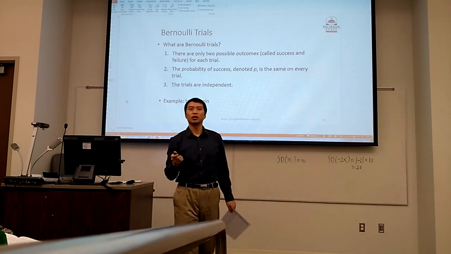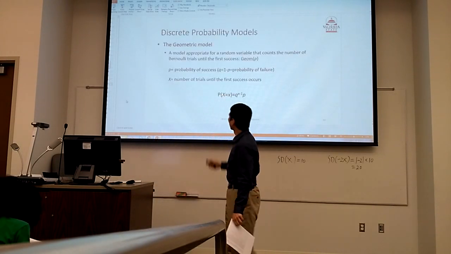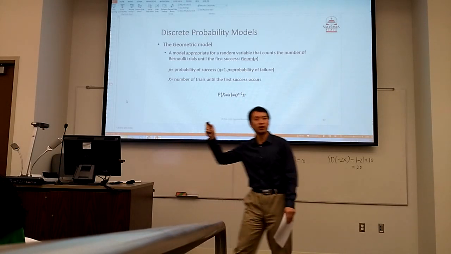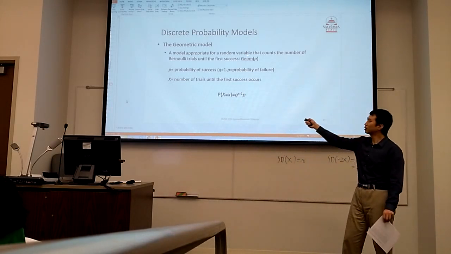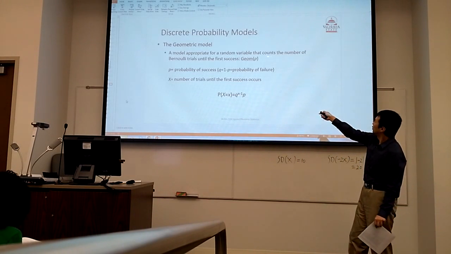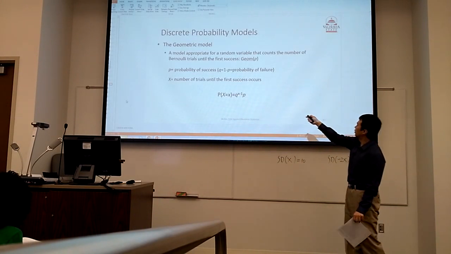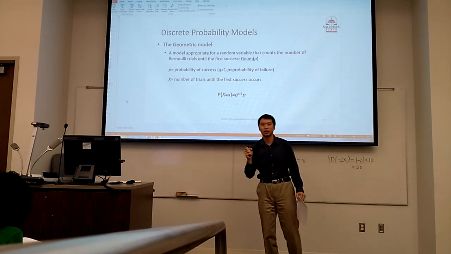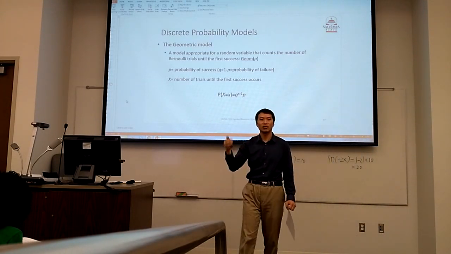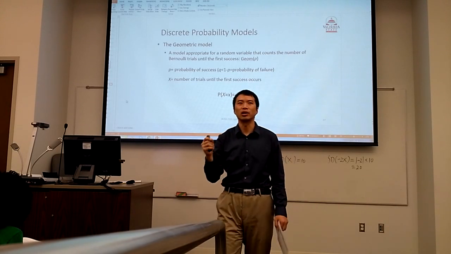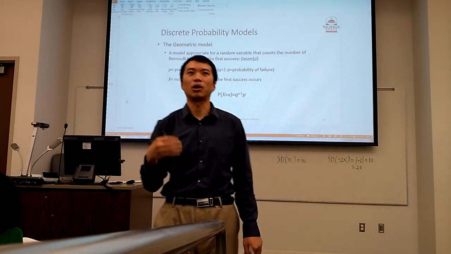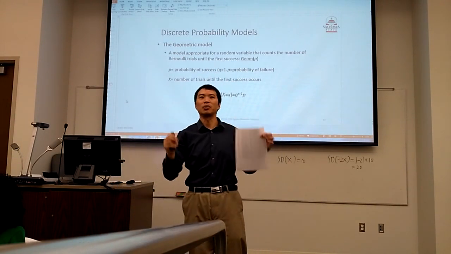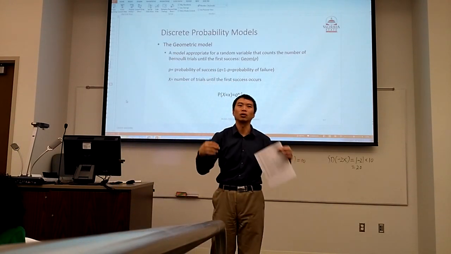In the geometric model, we are interested in the first success. So it is a random variable that counts the number of Bernoulli trials until the first success. We have several Bernoulli trials, and we are interested in the probability that the first success will happen at the third trial or the fourth trial, and so on.